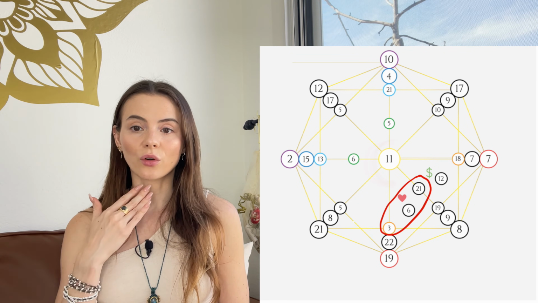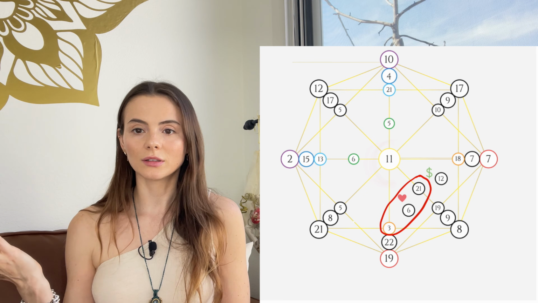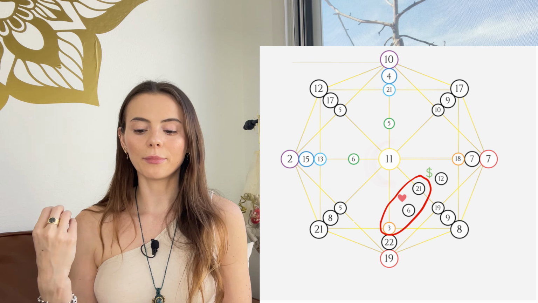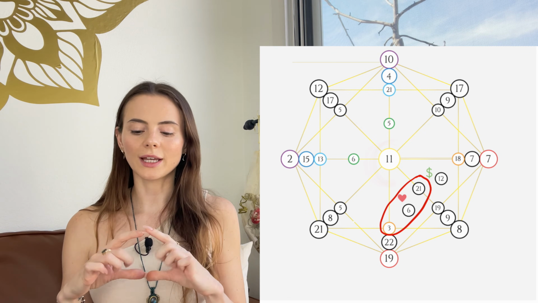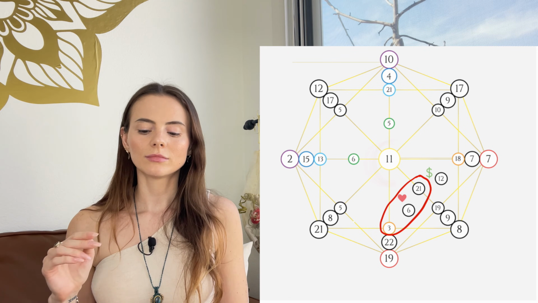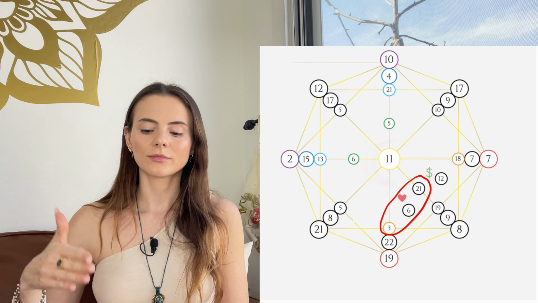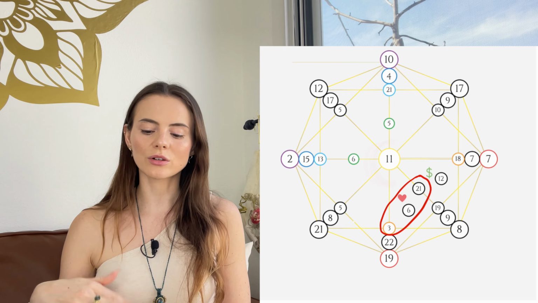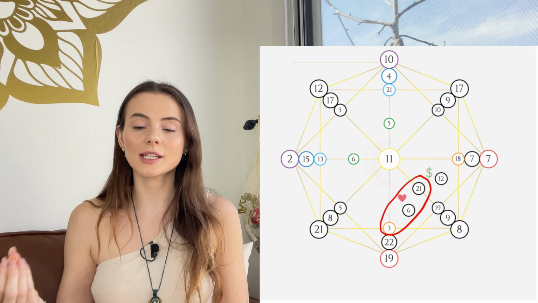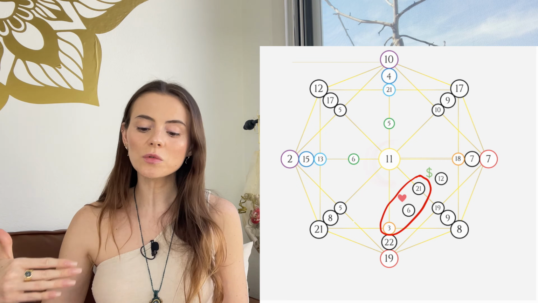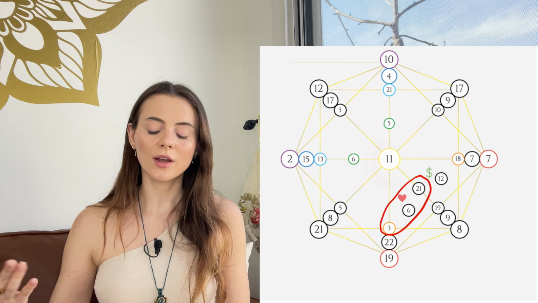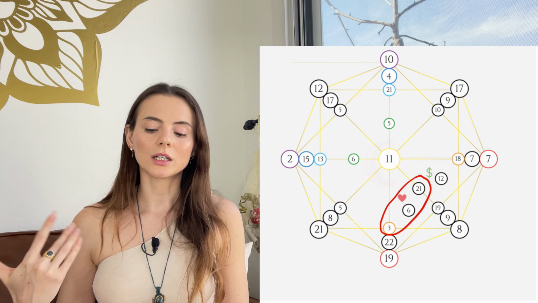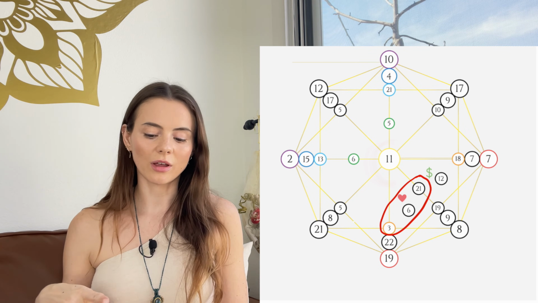Basically for everyone it will be different numbers or different energy codes, but there is one energy in the middle that is the same for your finances and for your love. So by harmonizing that energy in your life, you will receive more positivity and balance in your finances and in your life.